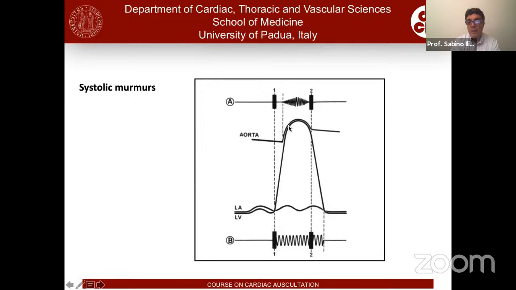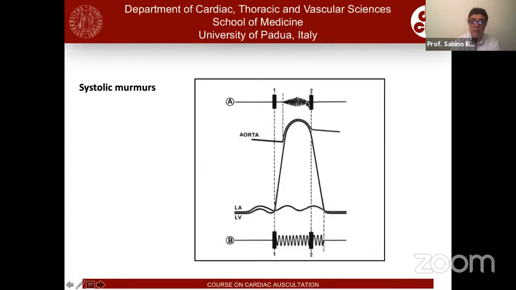Then the pressure in the left ventricle and the aorta will be equal. Then left ventricle pressure will go down, down, down, below aortic pressure. And this pressure difference will create the closure of the aortic valve and therefore the second heart sound.